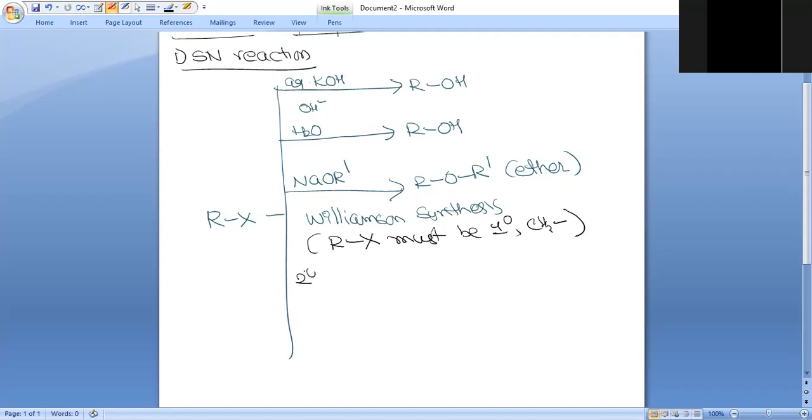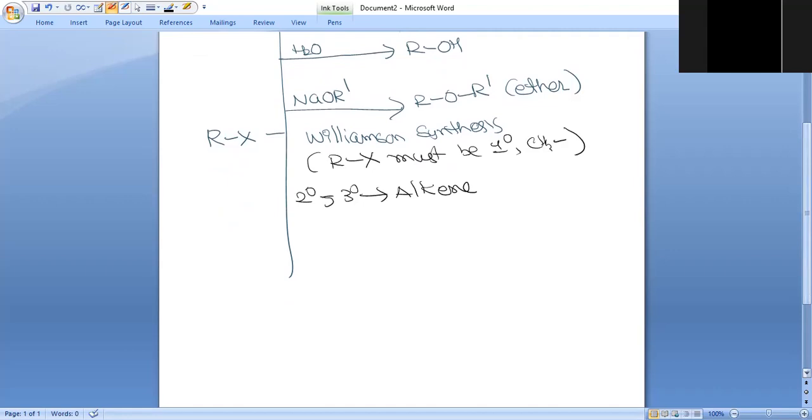If you have a secondary or tertiary alkyl halide, alkene formation takes place. So you have to avoid that; the alkyl halide must be a primary alkyl halide.